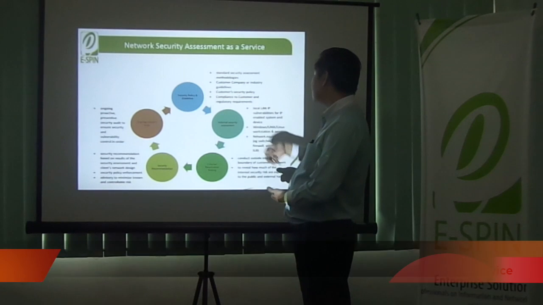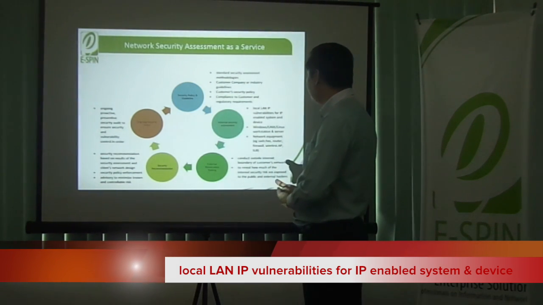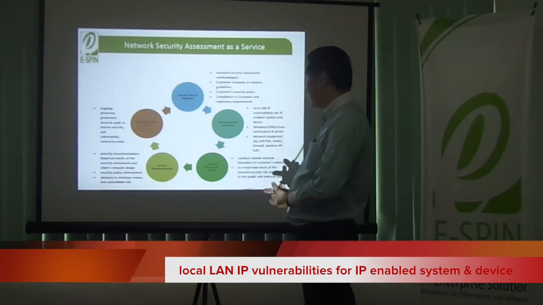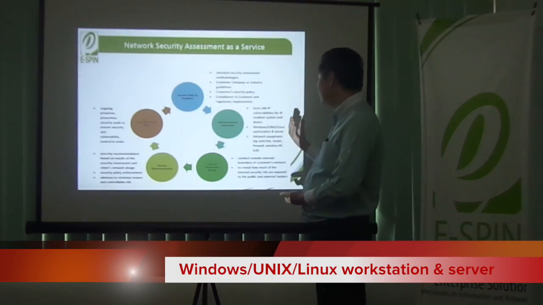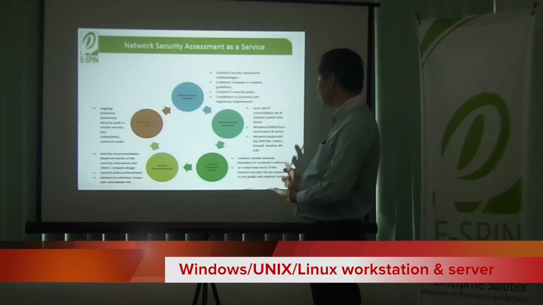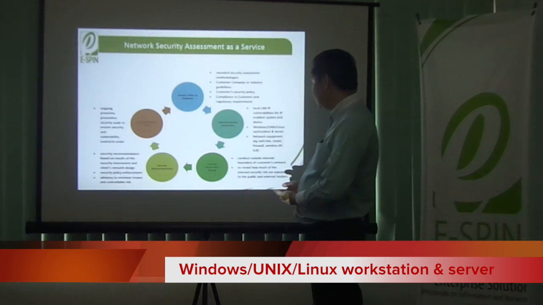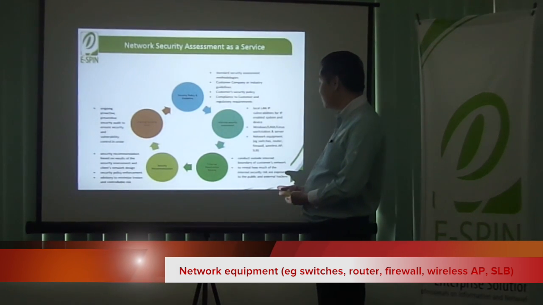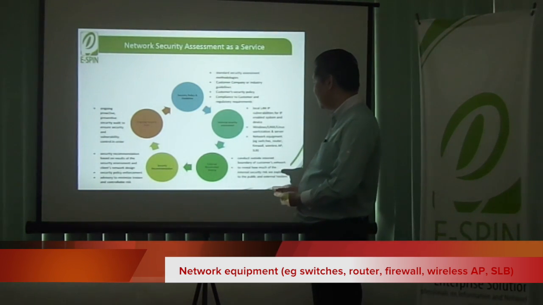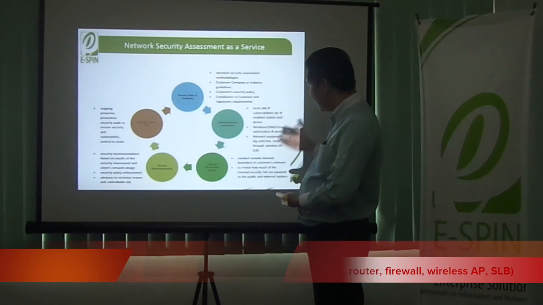We talk about the local area network, the IP vulnerability for IP-enabled systems and devices. We talk about Windows, Unix, Linux workstations, and critical servers. The network equipment, for instance the switch, router, firewall, wireless AP, load balancer, and so on.